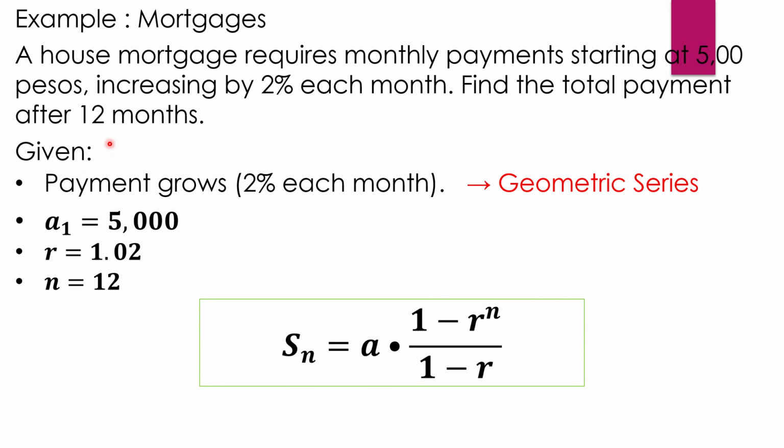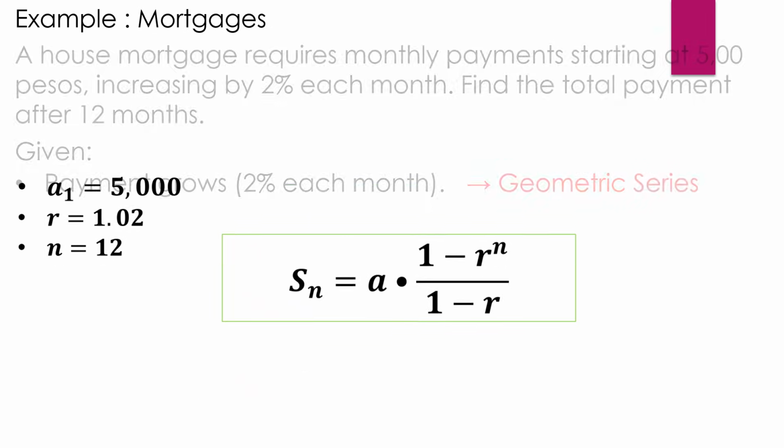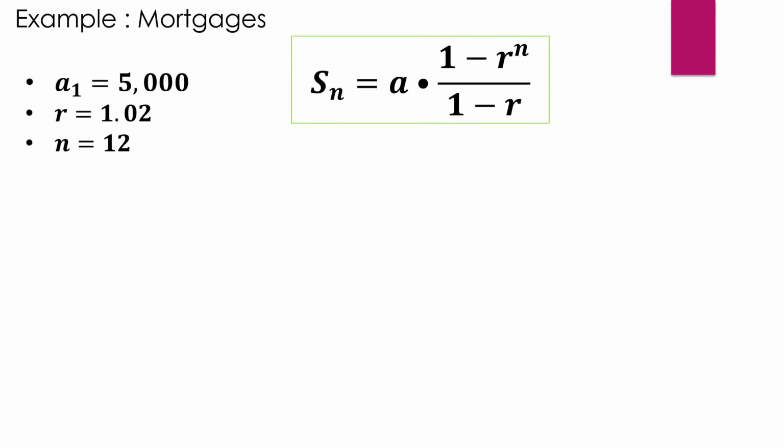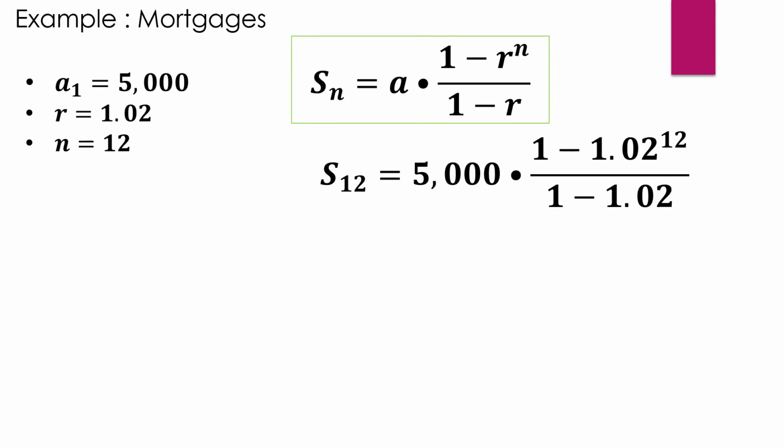So the formula that we're going to use is this one, the finite geometric series. Let's substitute all the values. We have the first term 5,000, the common ratio 1.02 raised to 12, and the common ratio.